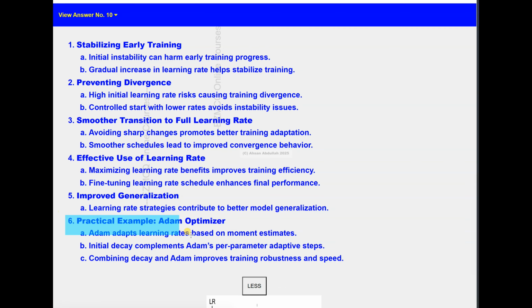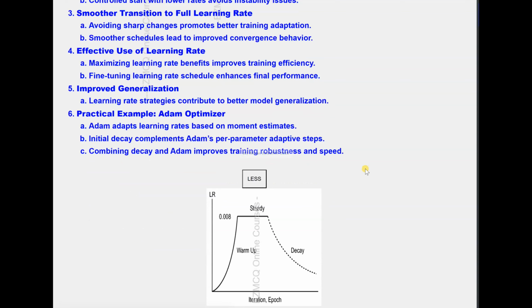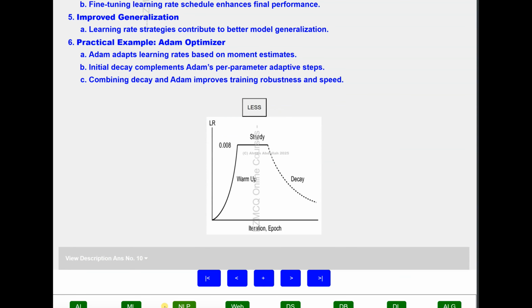And finally, a practical example is the Adam optimizer. Even with adaptive optimizers, let me show you that diagram so that it makes sense. Even with adaptive optimizers like Adam, warm up to the steady state improves the stability, and that is especially true with large models or if you work with small batches.